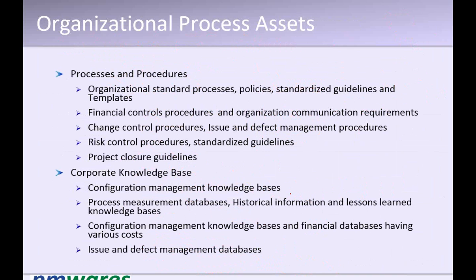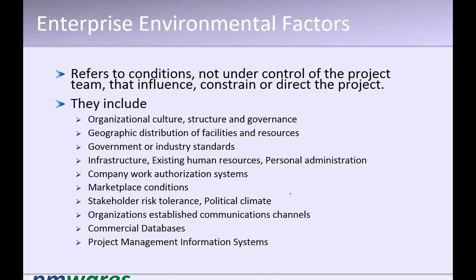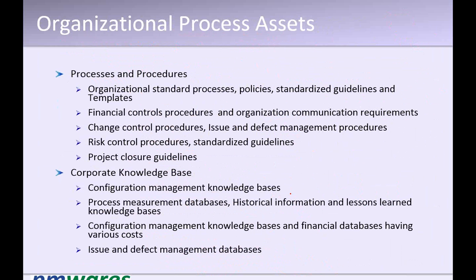There are two things which come into the picture again and again for the rest of the processes. One is called organization process assets, and another is called enterprise environmental factors. So what are organization process assets? Procedures, templates, guidelines, historical data, old projects information, all these things are called process assets, meaning assets related to the process which help you to manage projects.